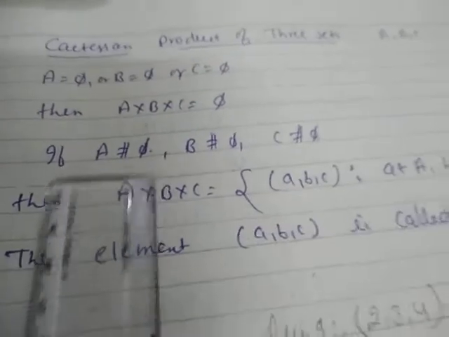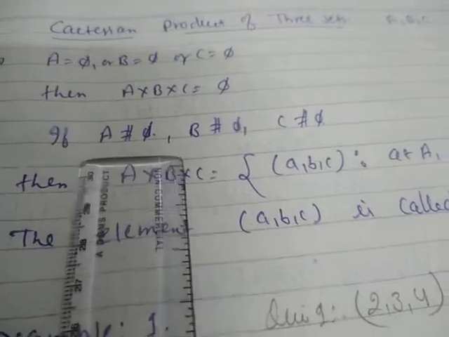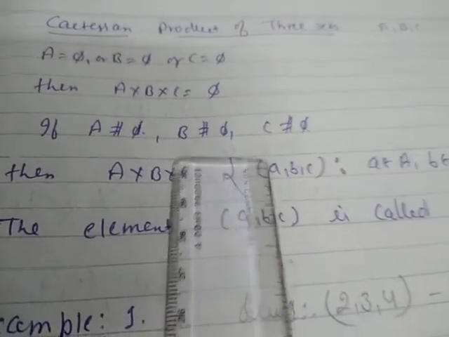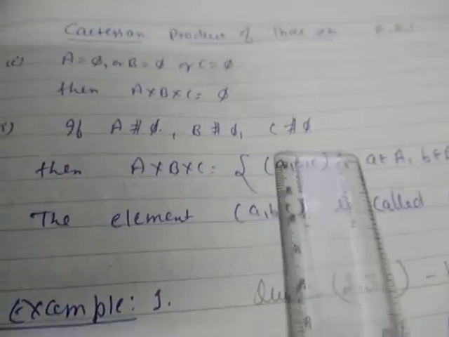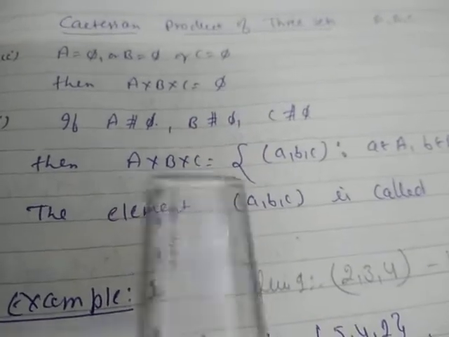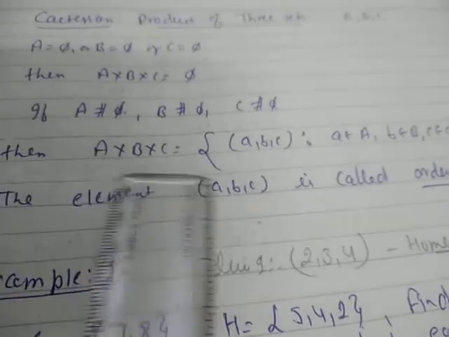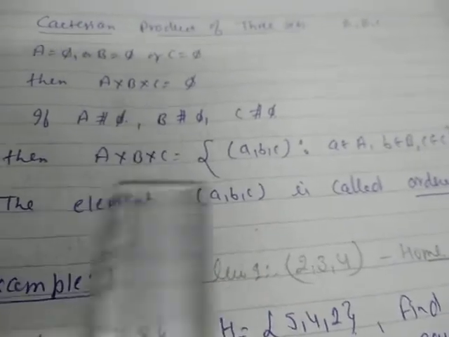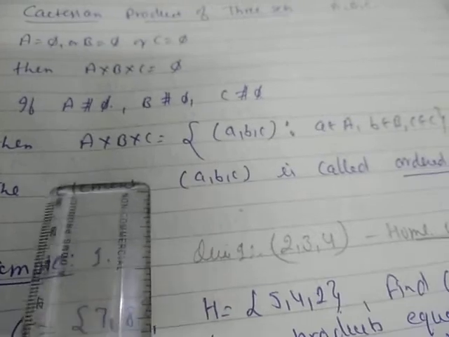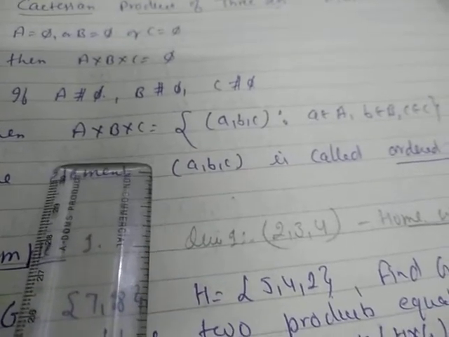Now here the second part, if A is not equal to phi, B is not equal to phi, and C is not equal to phi, then A cross B cross C. Now just see, children, here three sets are associated, therefore multiplication of these three sets will give you a triplet.